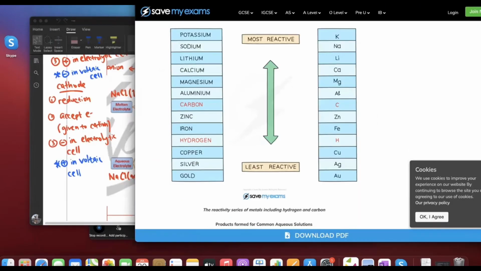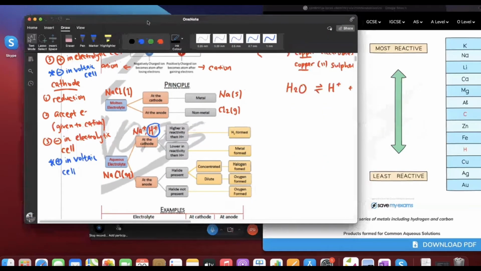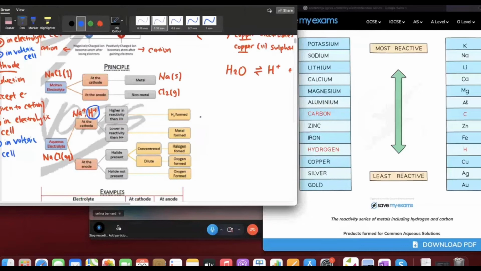Let me pull it up for you. Based on that information, I can say that hydrogen is formed if the metal ions are K+, Na+, Li+, Ca2+, Mg2+, Al3+, carbon I just ignore, it's not a metal, Zn2+, and Fe2+.